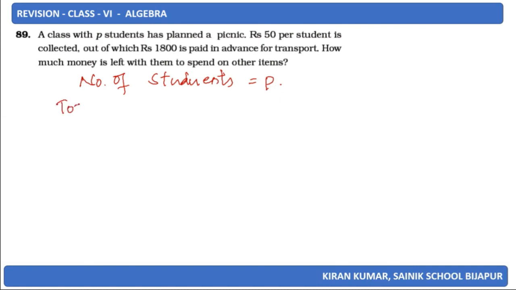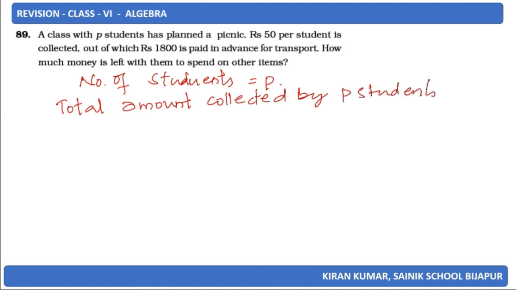Here the total amount collected by P students will be rupees 50p.